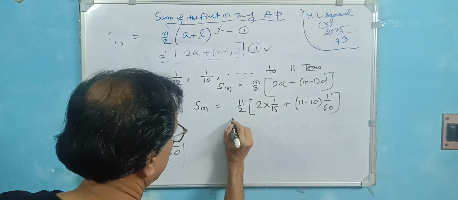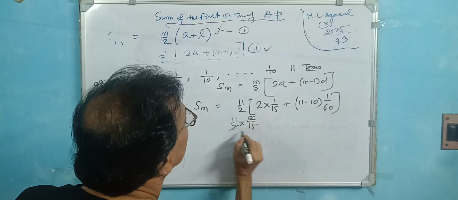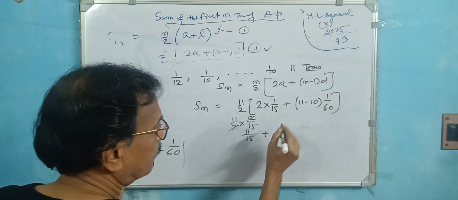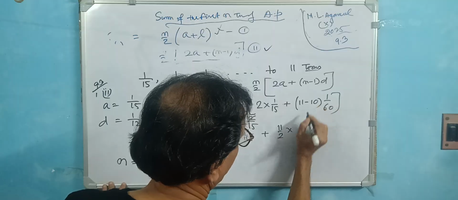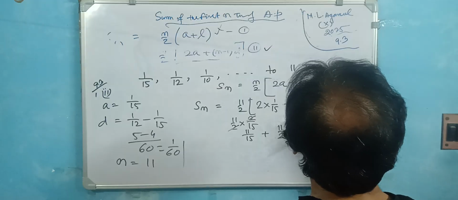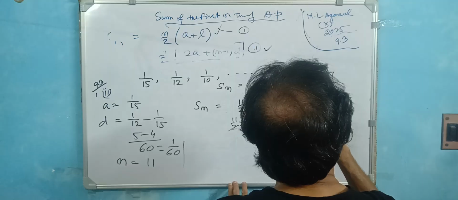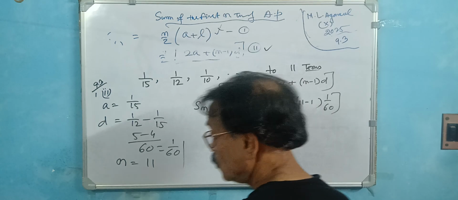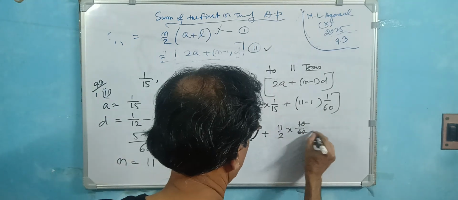So this is 11 by 2 into 2 by 15, cut off, giving 11 by 15, plus 11 by 2 into 1 by 60. Here n minus 1 is 10, so this is 10 by 60, that means 1 by 6.